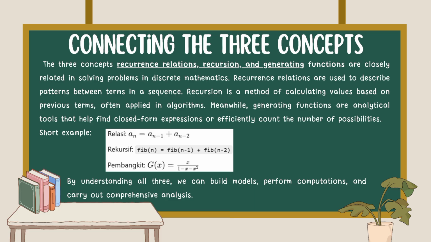Recurrence relations are used to describe patterns between terms in a sequence. Recursion is a method of calculating values based on previous terms, often applied in algorithms. Meanwhile, generating functions are analytical tools that help find closed-form expressions or efficiently count the number of possibilities. Short example: by understanding all three, we can build models, perform computations, and carry out comprehensive analysis.